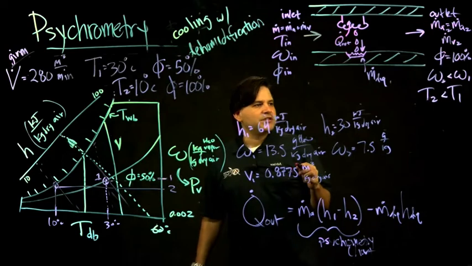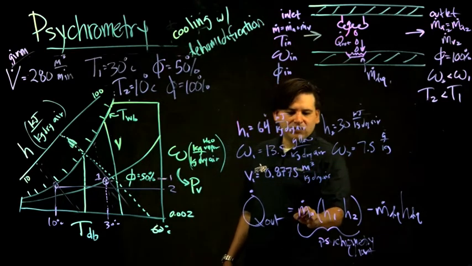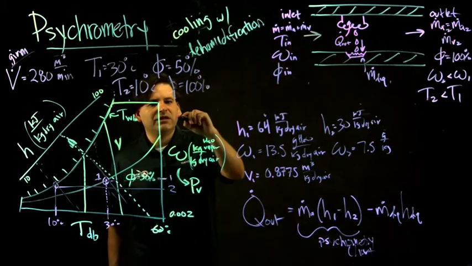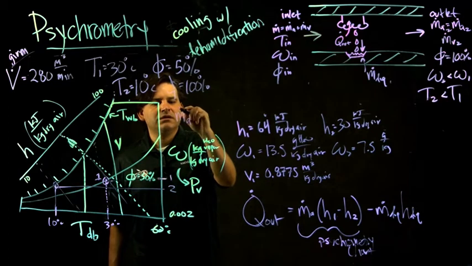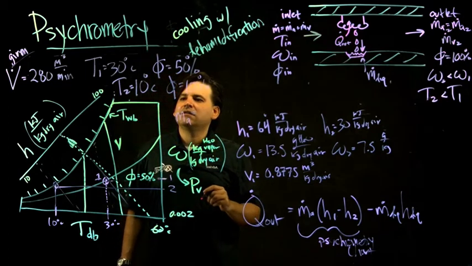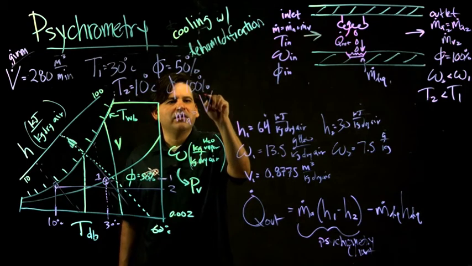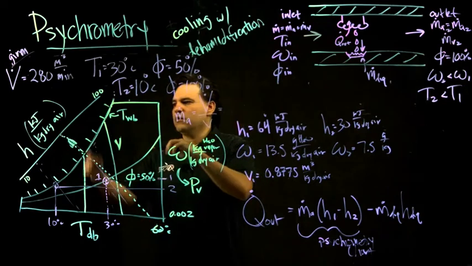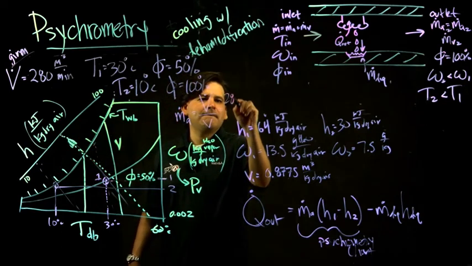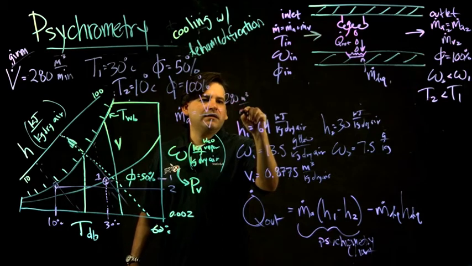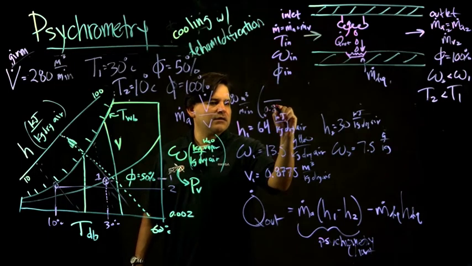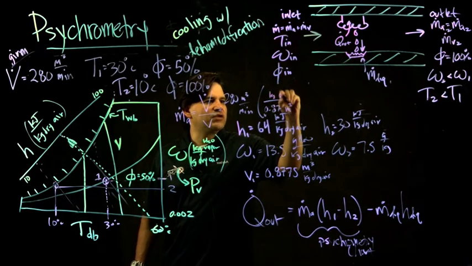Okay, so we pretty much have a lot of things except, okay, what is the mass of dry air? Well, we'll do a dimensional analysis, some units tricks, and what that is, it's this big V that we're given divided by the little v. So it is, we're given this 280 meters cubed per minute divided by this 0.87 meters cubed per kg of dry air.